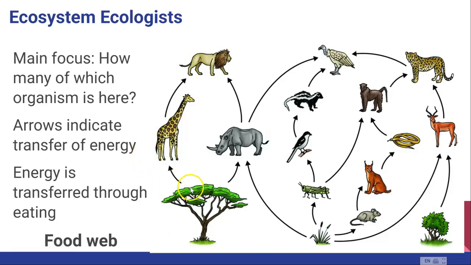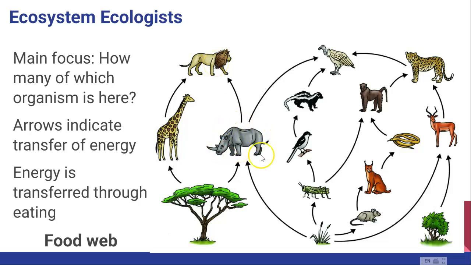These arrows, it's important to note which way they're pointing, because the arrows represent the transfer of energy. So what this means is that this acacia tree is eaten by the giraffes and the rhinoceros, and the rhinoceros is eaten by the lion.